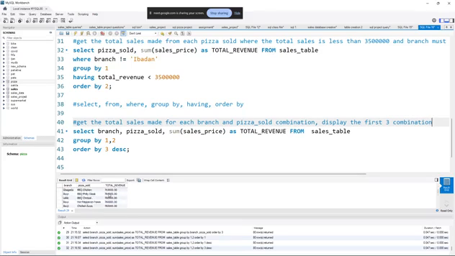Now, if you look at my answer here, I have a lot of answers. It's displaying everything. But what they want is which one is the first three that made the highest sales? They want the first, second, third.